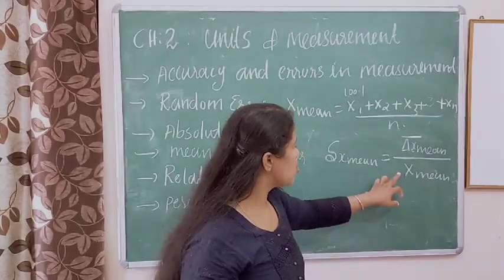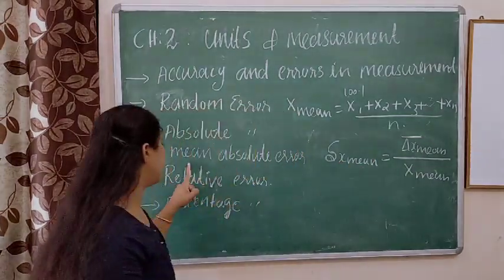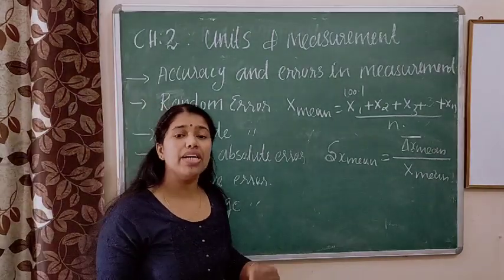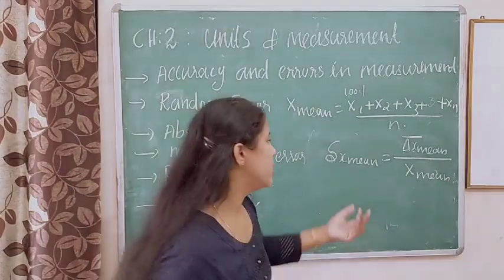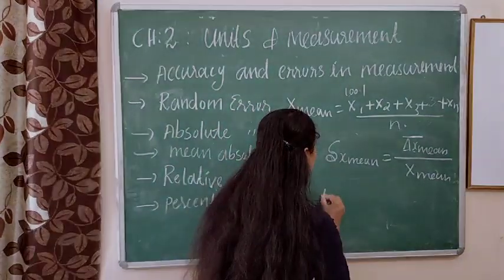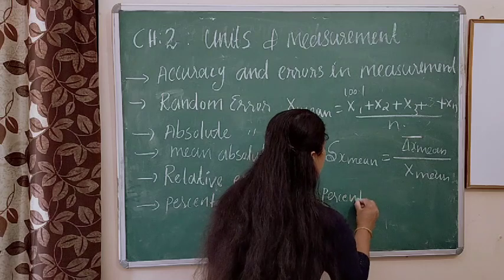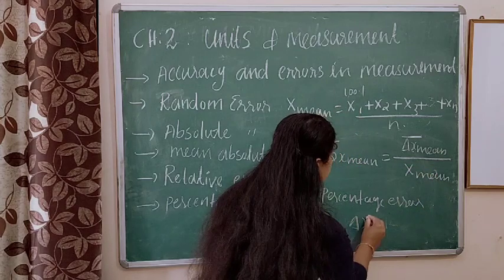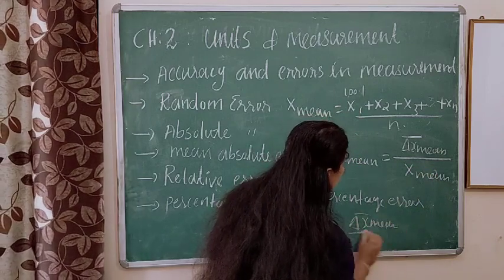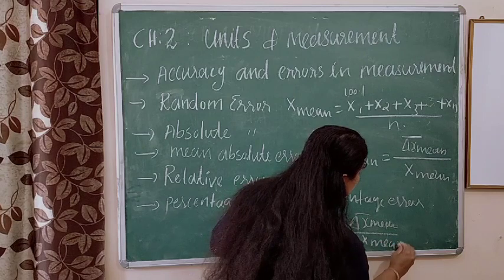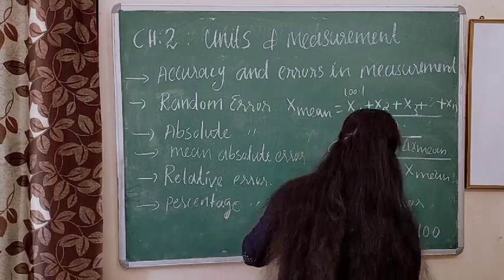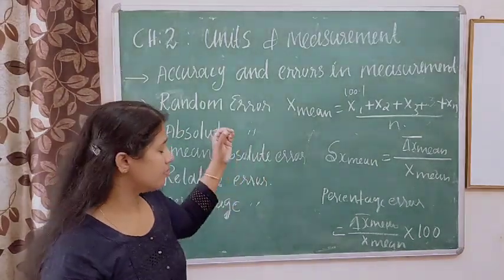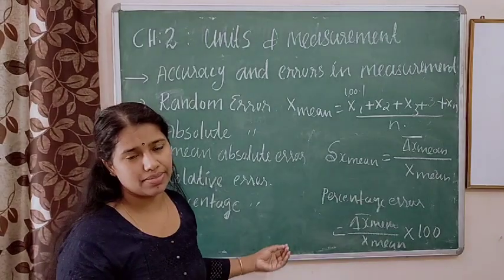Just dividing these two, we get the relative error. Then the last is percentage error. Percentage error is equal to delta x mean bar divided by x mean into 100. This is the percentage. Like this, we can calculate these errors.